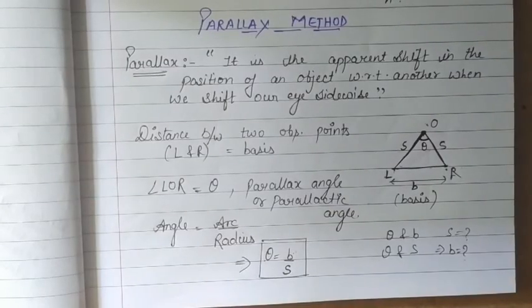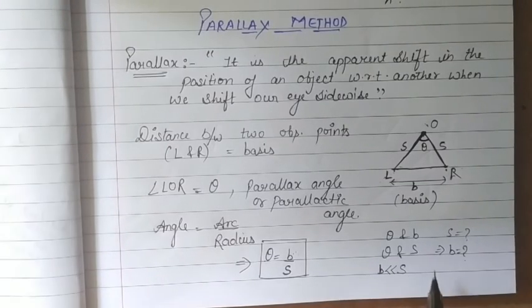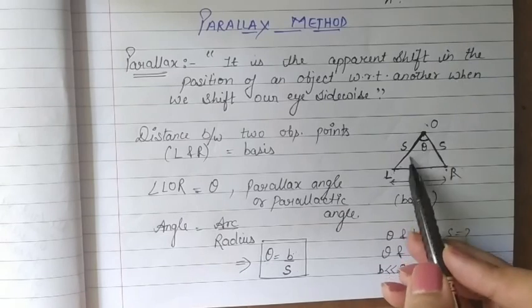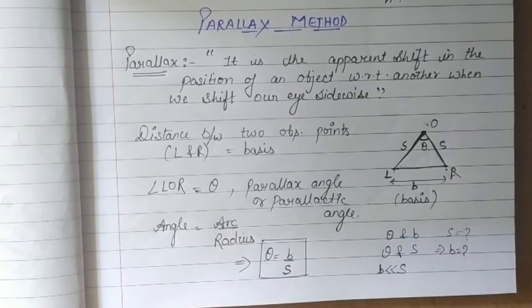So this method is actually used under the condition when b is lesser than s, or I should say the distance that we are trying to calculate, or the object that we are observing, is at a far distance. Only then can we apply this method, because in that case the orders are same and we are doing approximate calculations, not the exact ones.